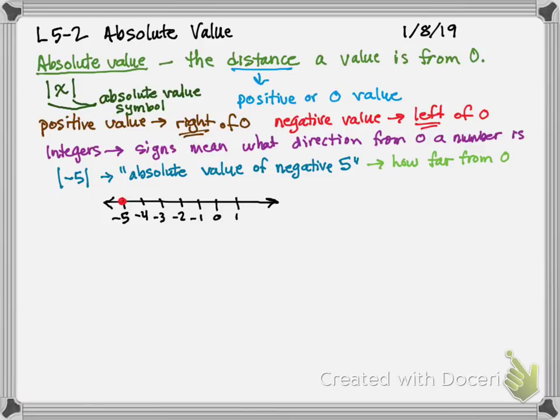The question for absolute value is how far is the negative 5 from the 0? That's all that means. And we can see it's 1, 2, 3, 4, 5. That's a terrible 5. That looks like an S, doesn't it? 5 places from 0. So we can conclude that the absolute value of negative 5 is 5. It's absolutely 5 away from 0.